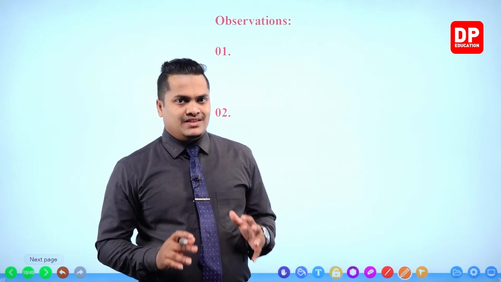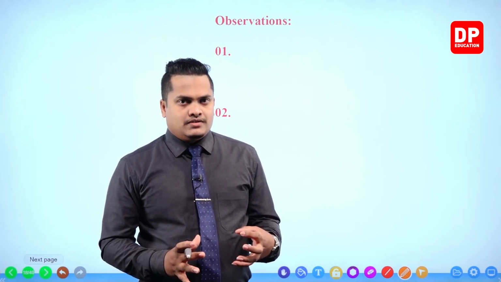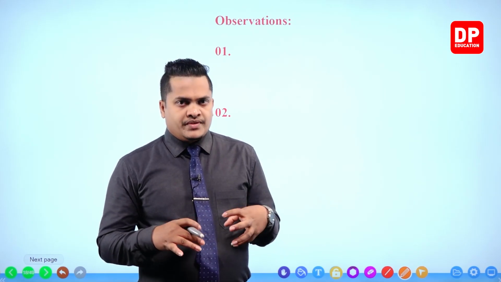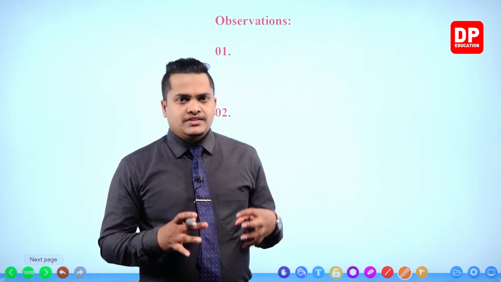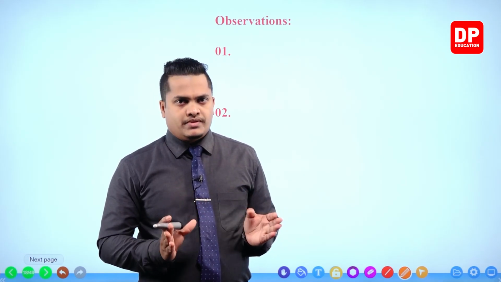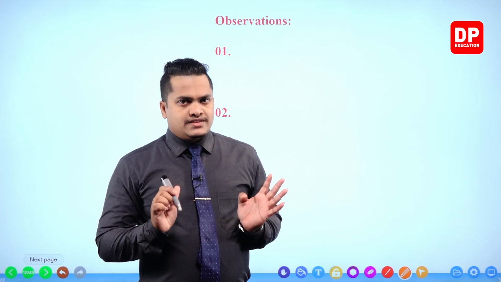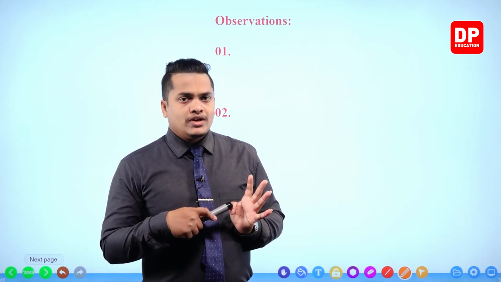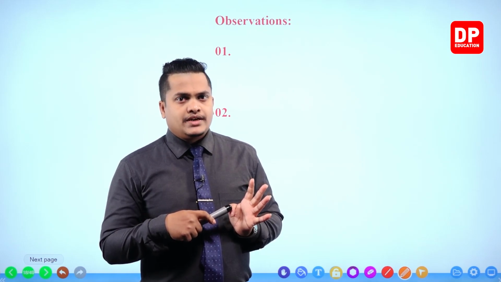So you have to keep this system for a while, like 15 to 30 minutes. If you keep it for 15 to 30 minutes, then you can observe these things without any trouble. Okay. So the first and foremost thing is there was a reddish brown color substance on the negative terminal.